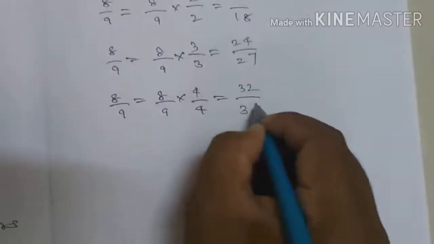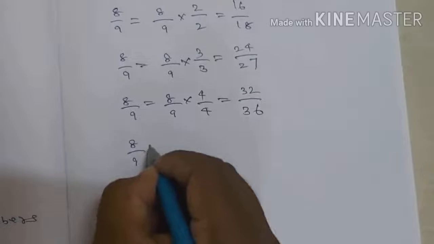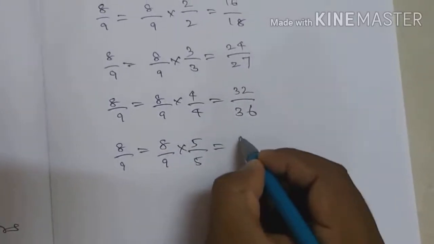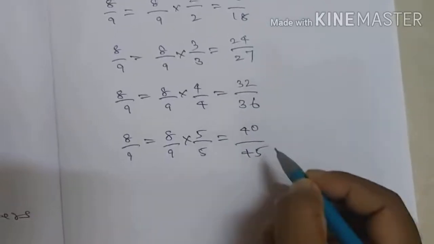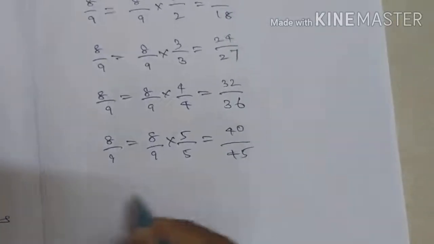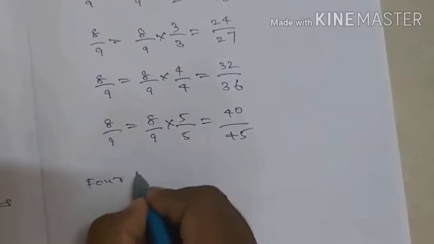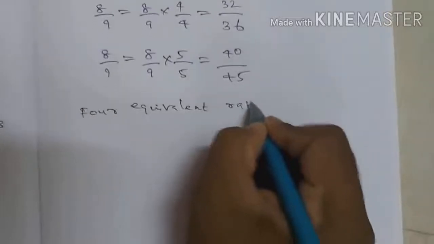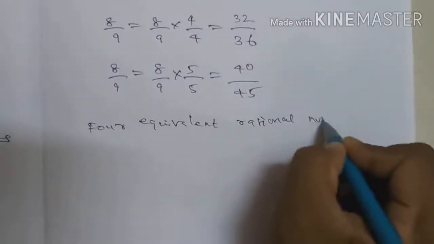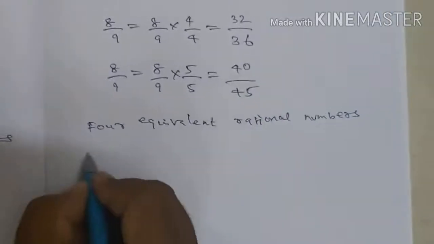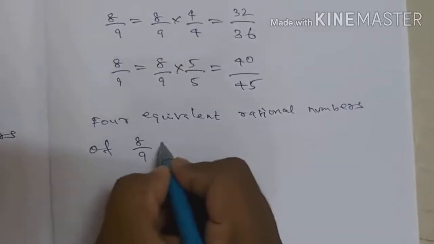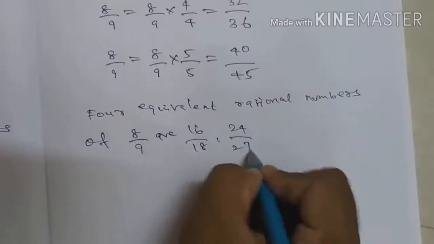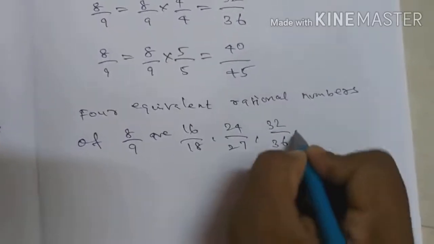Again, multiplying by 5/5: 8 fives are 40 and 9 fives are 45. So the 4 equivalent rational numbers of 8/9 are 16/18, 24/27, 32/36, 40/45.